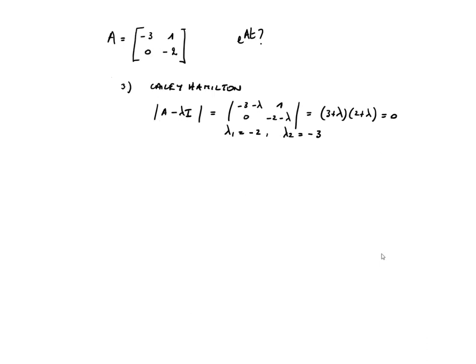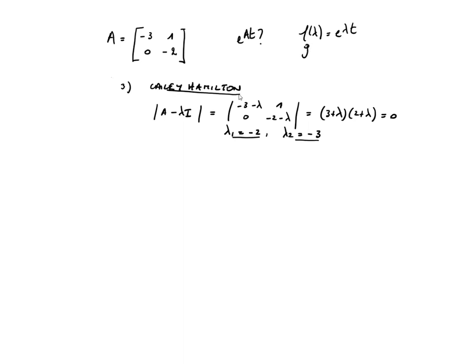We can now use the third method, which is the Cayley-Hamilton method. Again, we need the eigenvalues, but in this case we do not need the eigenvectors, so you don't need to compute them. And remember that we'll consider a function f of lambda, which is e to the lambda t.